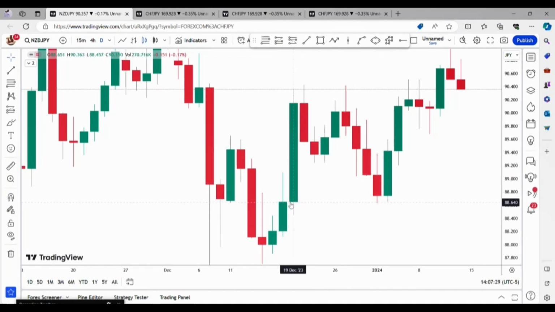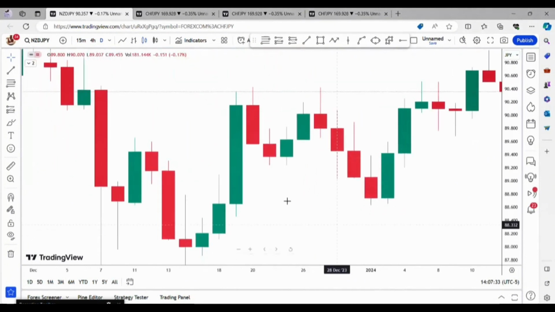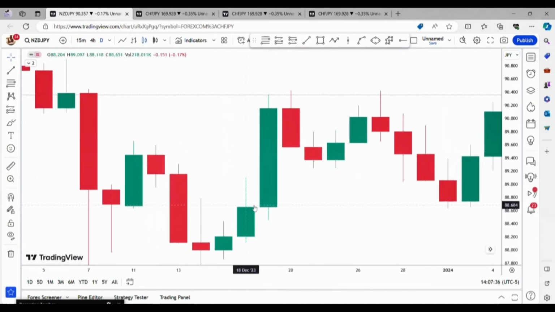So price opened here, traded down, formed a lower wick, pushed right up, formed a higher wick which is called the upper shadow, and then closed above the opening price.